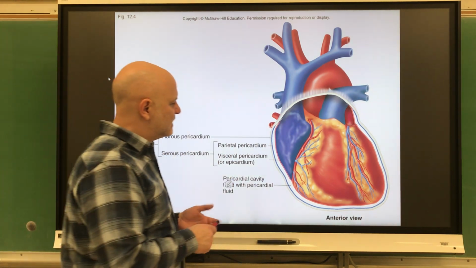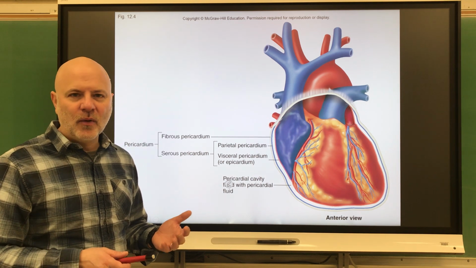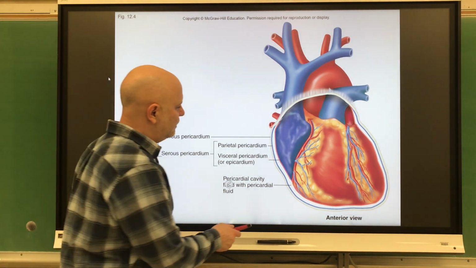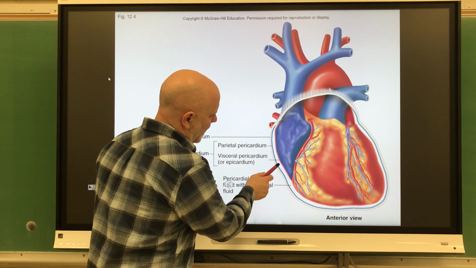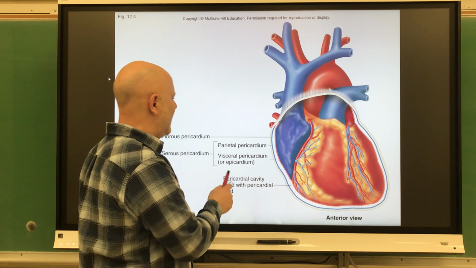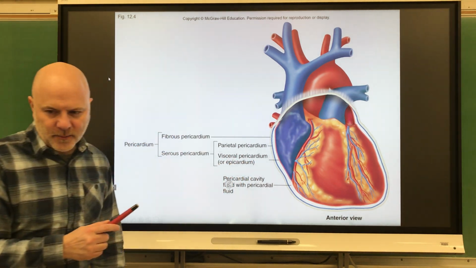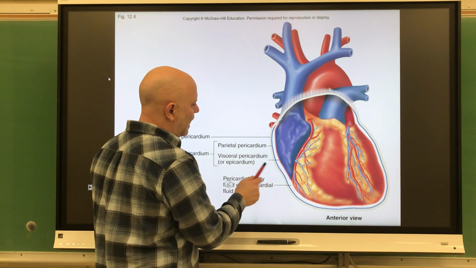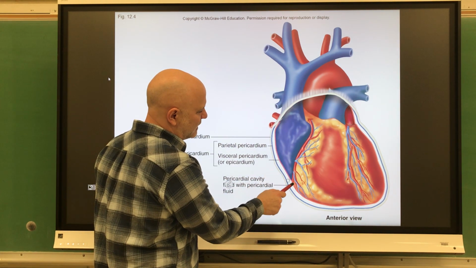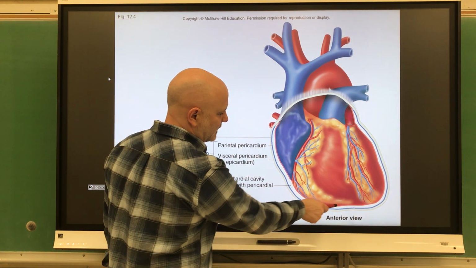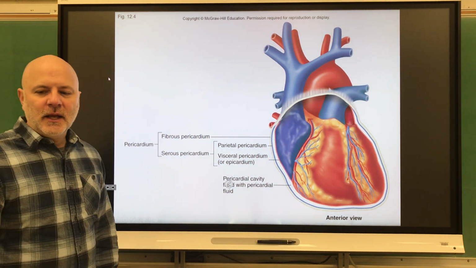All right, next is the serous pericardium, which is a serous membrane or serosa around the heart. Now, there are two layers to that. We have this blue layer they're showing here, which is on the fibrous pericardium, and that is called the parietal pericardium, right there. So as I said, it's on the fibrous pericardium. And the other, the visceral pericardium, is on the heart itself, and they're trying to show that with that red line there. You can't really see it over here, but all right.